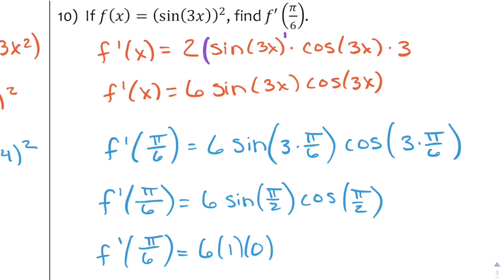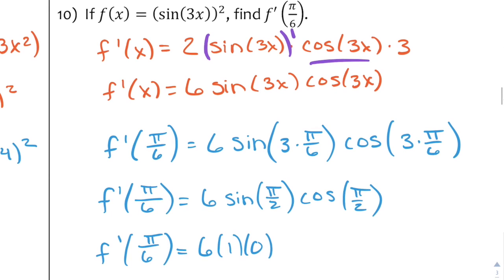Right, so really I should have written it like that. Let me clean up. Then I derive the inside. The derivative of sine is cosine. Angle stays the same again. And then I derive the angle, which is 3.